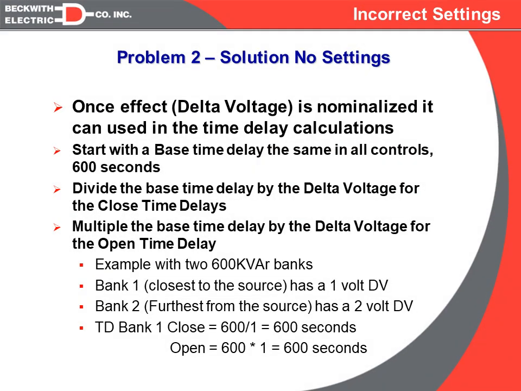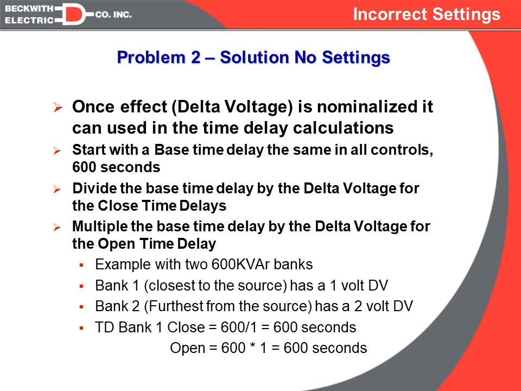With that in mind, and we've got it normalized, we can now do calculations. So if we had every control start with the same base time delay, let's just say 600 seconds, then we could divide that base time delay by the delta voltage for the close time.